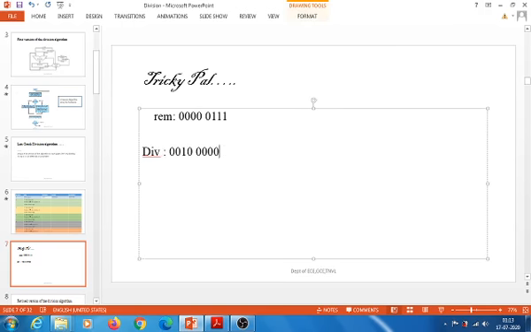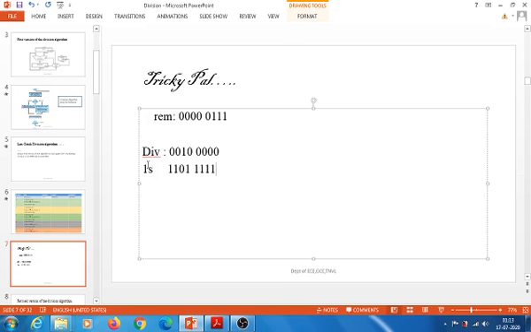If I want to take 2's complement for this, first thing is that 1's complement, in the sense we want to invert all the zeros to 1's and the 1's to 0's. So 0 changes to 1, 1 to 0, 1, and again 1, 1, 1, 1.